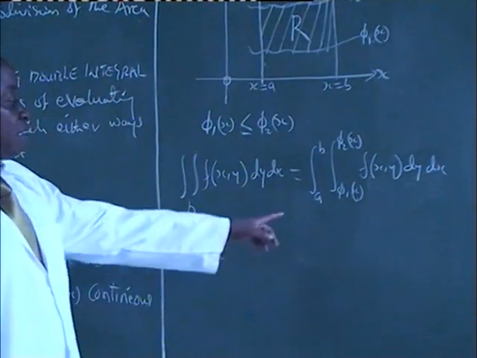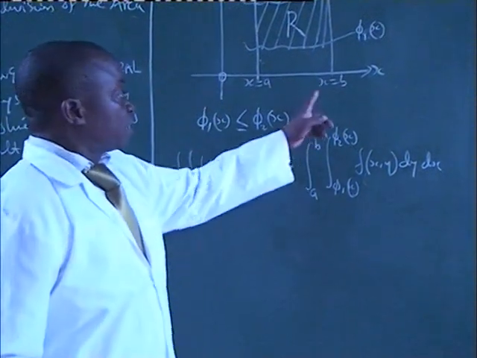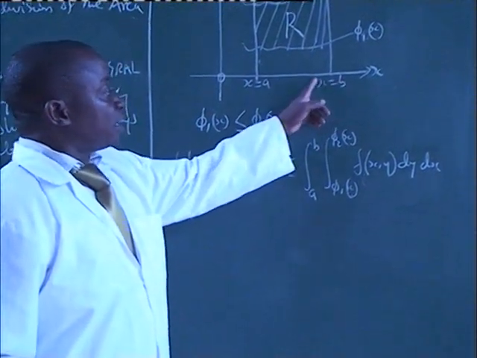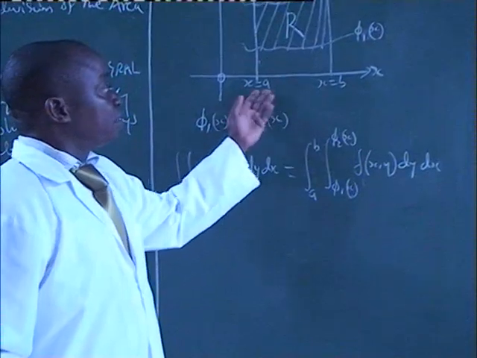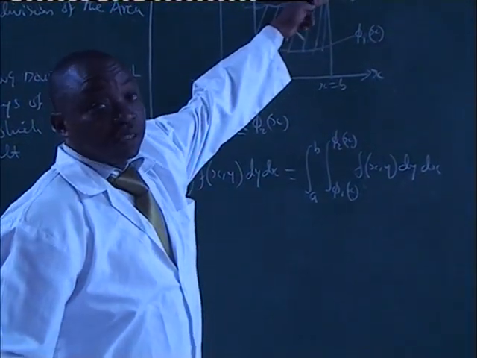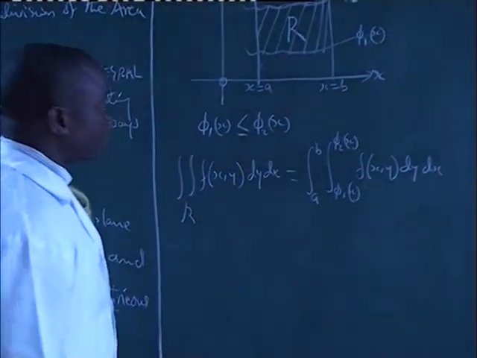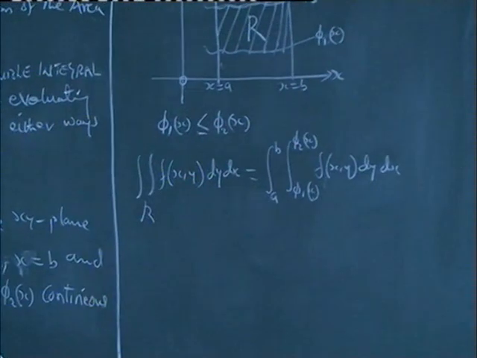What we are saying is that for the region R, you take the integral over x from a to b, and then you also take y from phi 1 of x to phi 2 of x. So we'll look at the example.